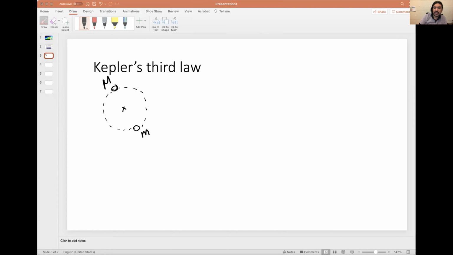However, if they're not the same mass, then the distance from this point, the center of mass, to this little m is not the same as the distance from one to the other. So let me make this one here. We'll call this radius big R. And then this one from here to here, little r. Again, if they're the same mass, they would be separated exactly the same. But what we see is that they're each orbiting the center of mass.